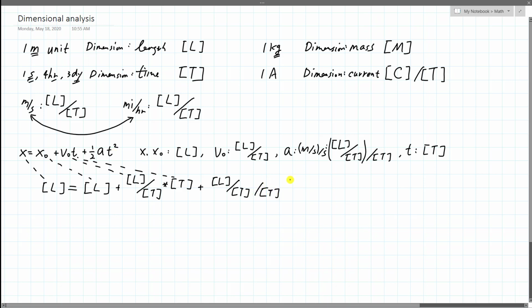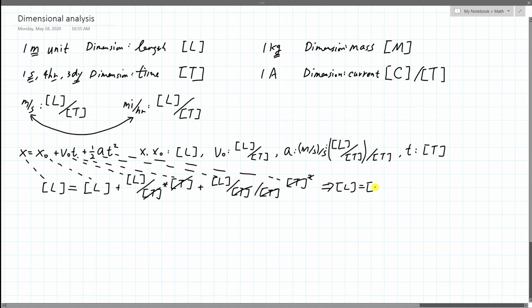Then t squared has time squared, so the square of time divides out these in the denominator. That seems to be getting the lengths. So these divide out, one of them divides out one, and the other divides out the other.